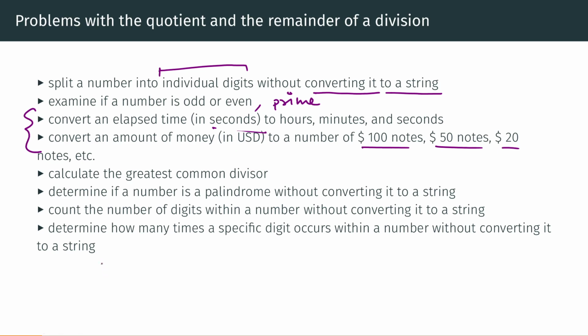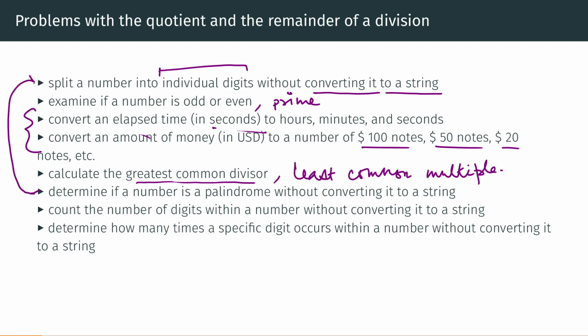The other type is calculating greatest common divisor or least common multiple. Again, determining if a number is a palindrome without converting it into a string is related to splitting a number.